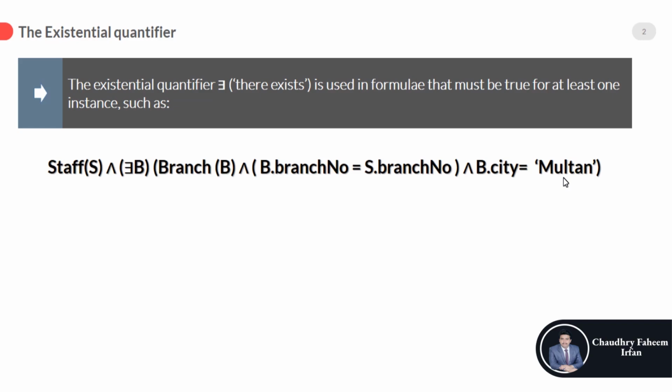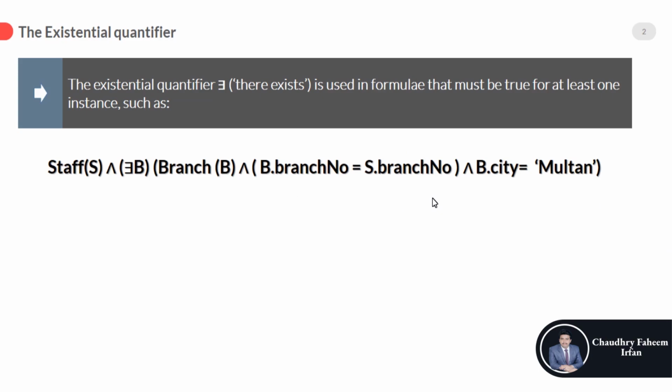So if you want to search or filter records such that there must be an employee from Multan and the branch located in Multan, so the working area or the branch should be in Multan and he or she works in Multan.